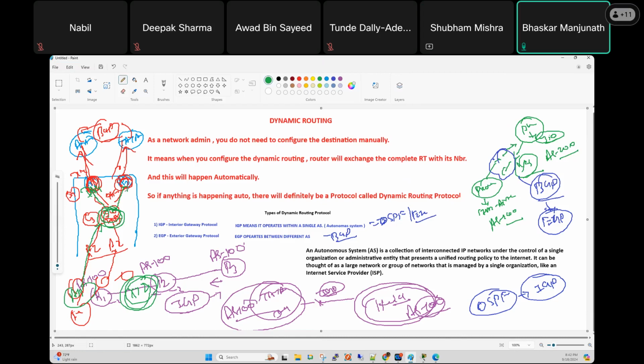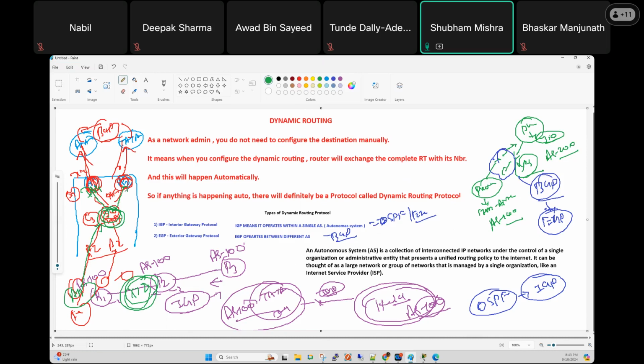Dynamic routing is generally used where you have multiple routes, multiple networks, multiple VLANs, and for all the networks we can't assign static routes manually. This would be quite a hectic task for a network administrator, to configure each network manually.